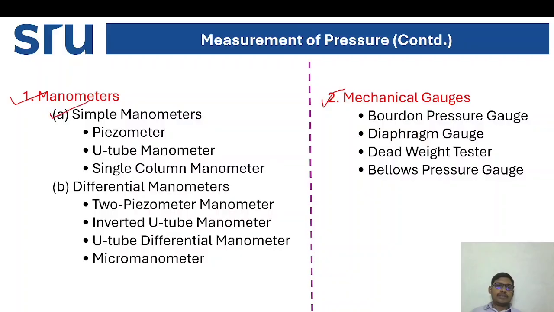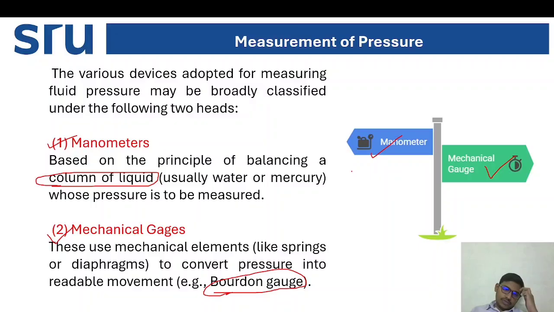In simple manometers: piezometer, U-tube manometer, single column. In differential: two piezometer manometer, inverted U-tube manometer, U-tube differential manometer, and micromanometers. Mechanical gauges are different; as I mentioned earlier, they use mechanical elements to convert pressure into readable movement.